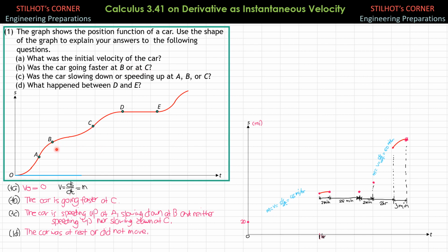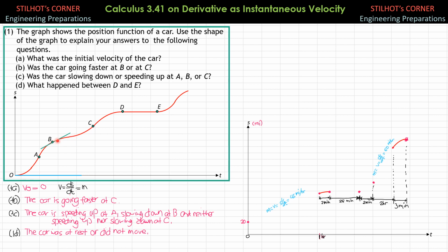Then, for the next question, was the car going faster at B or at C? At B, if you draw the tangent, it has positive slope, but as we move from B to C, the tangent decreases. It's sloping up to the right, but it is decreasing, up to this point of tangency here.